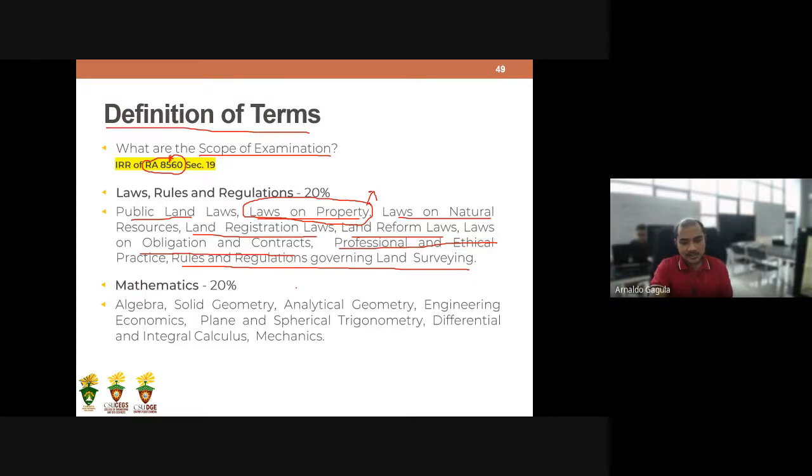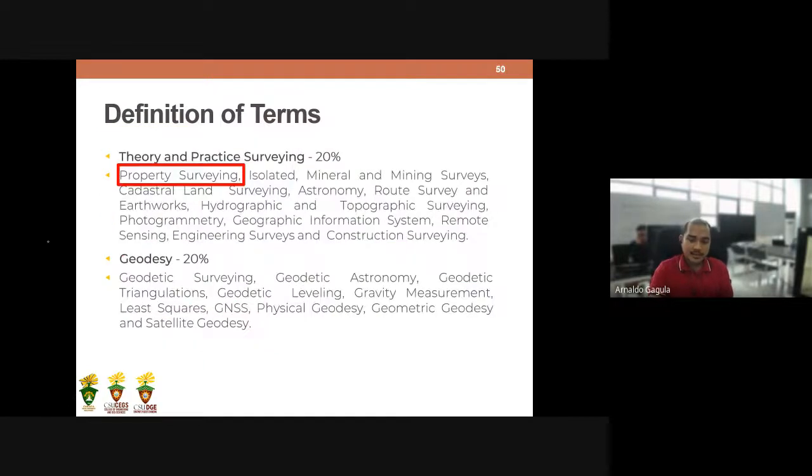Next is the mathematics, no? Sulod na po dira si algebra, solid geometry, analytic geometry, engineering economics, plane and spherical trigonometry, differential and integral calculus, and engineering mechanics. Sulod na dira si mathematics. Next subject is the theory and practice of surveying that involves property surveying. So, dili na masulod na ito ang subject.